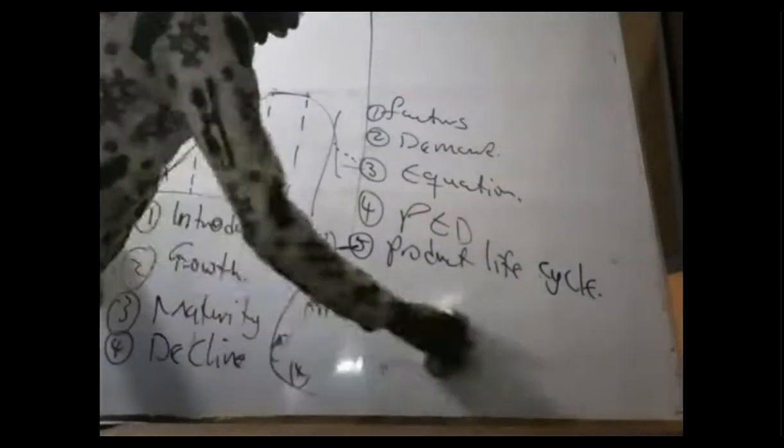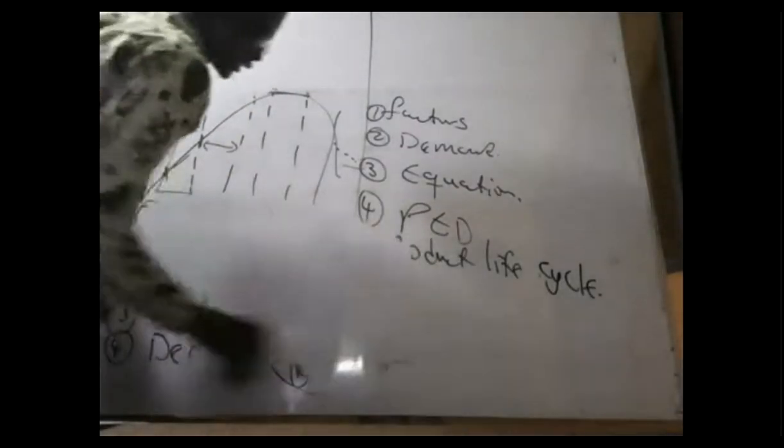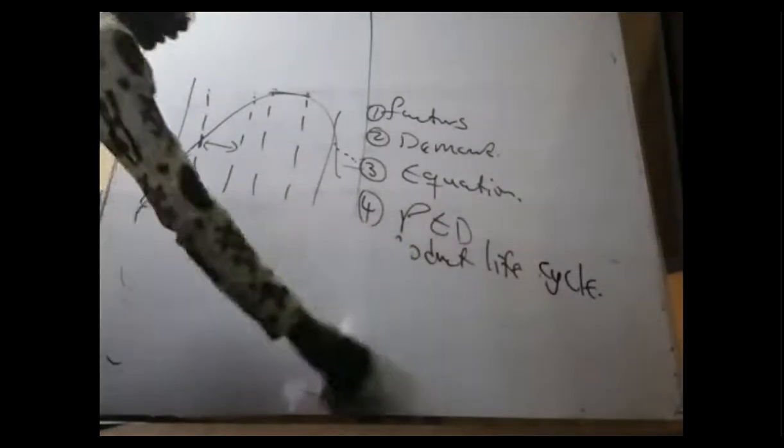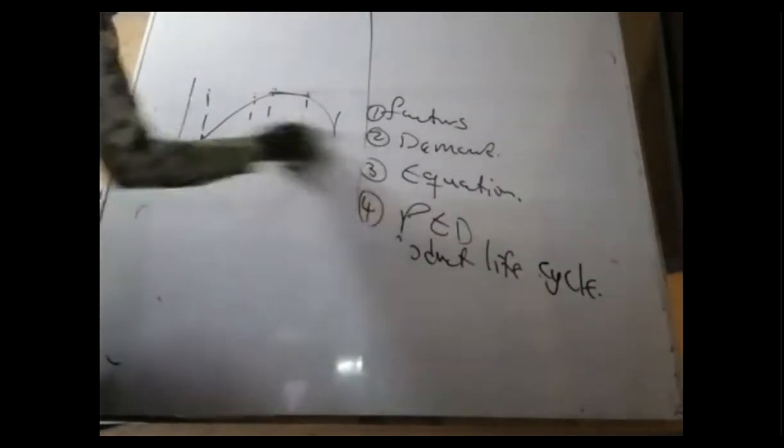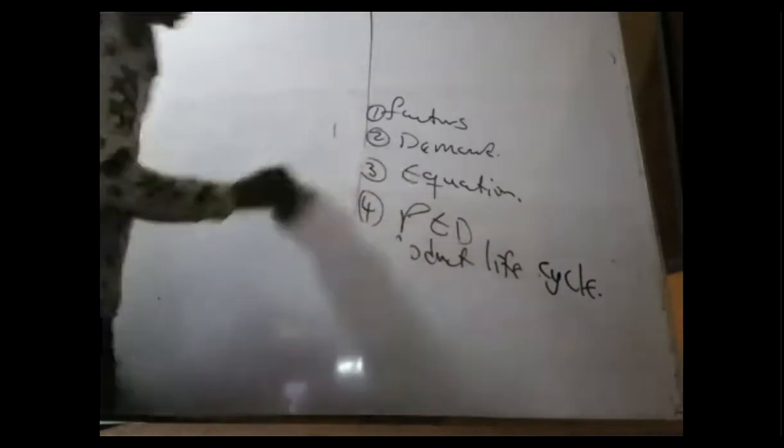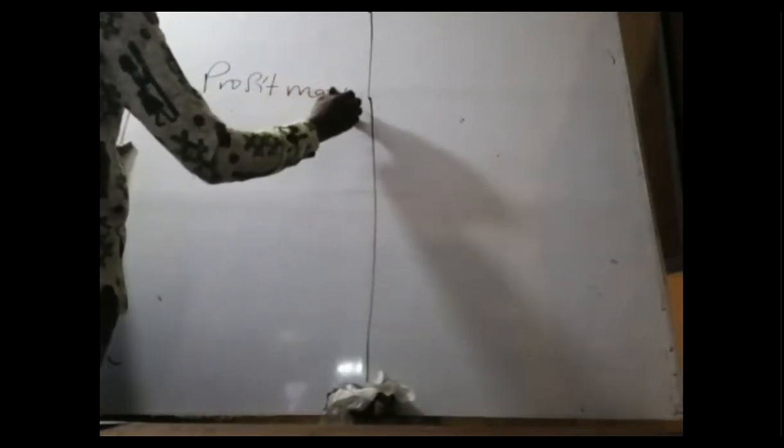Now we are moving on to an important section that you need to get clear. In May 2020, the examiner asked that question, and it was so interesting. We have what we call profit maximization output or price.